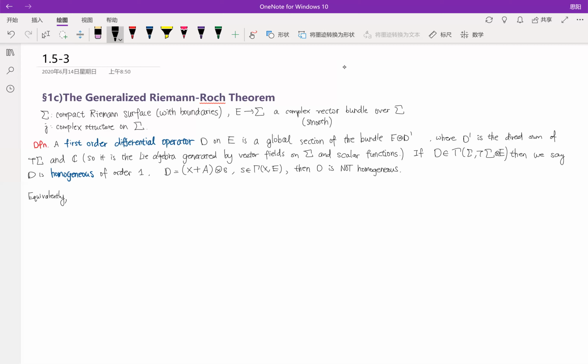So we can view D as an operator from omega 0 of sigma, E to omega 1 of sigma, E. Here we set omega 0 and omega 1 to be the sets of global sections of bundles. Omega 0 is just the global sections of E, and omega 1 is the global sections of T star sigma tensor with E.